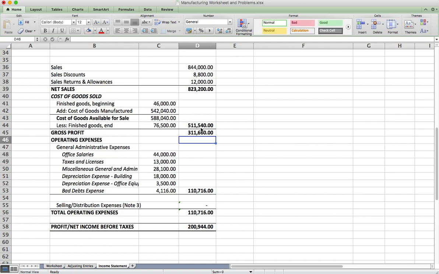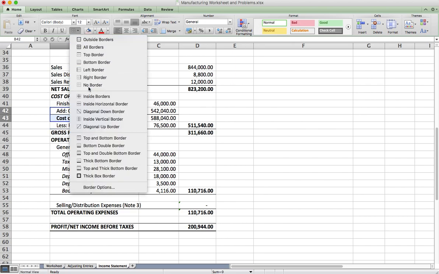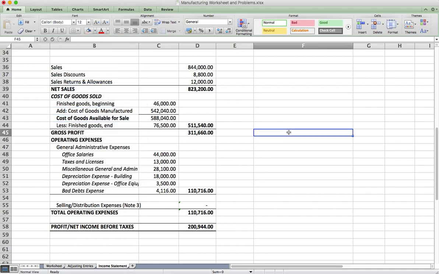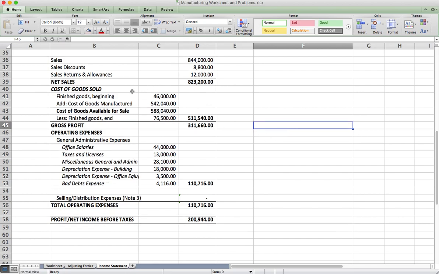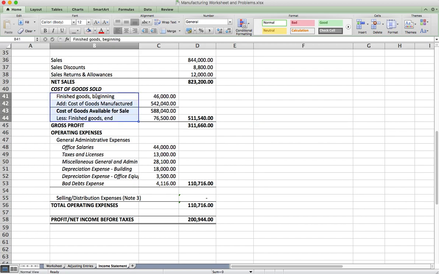Yan. Ganyan. Yan. So again, net sales, then cost of goods sold, this one, and then your gross profit. This one, because net sales less cost of goods sold na 511, you get gross profit. And then your operating expenses, eto sila, total operating expenses, total general and administrative expenses, ito.